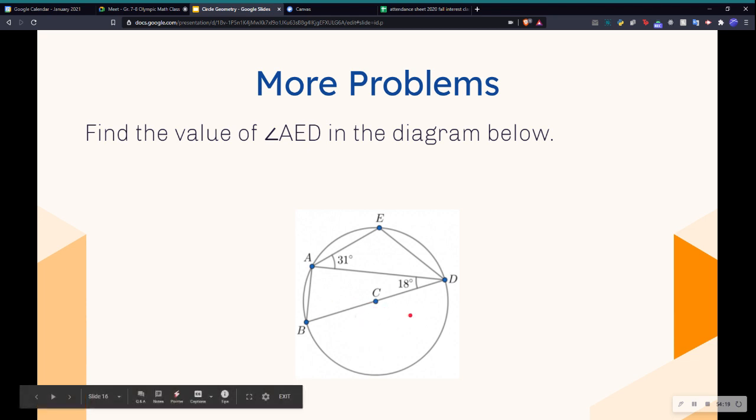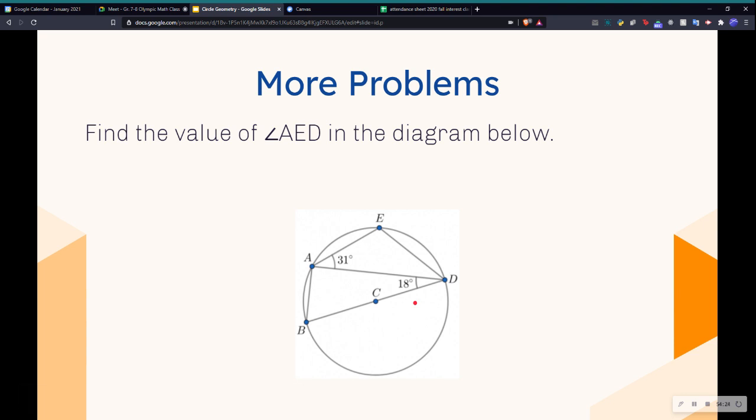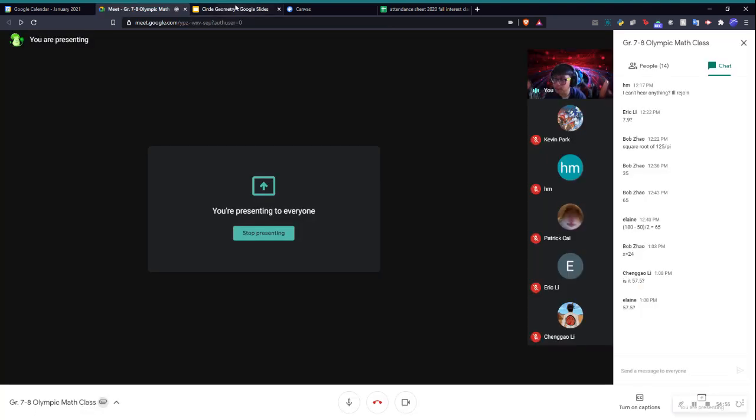I mean, it looks kind of obvious from the diagram, but just to let you guys know. Yeah, this one's a bit more tricky than the previous one.